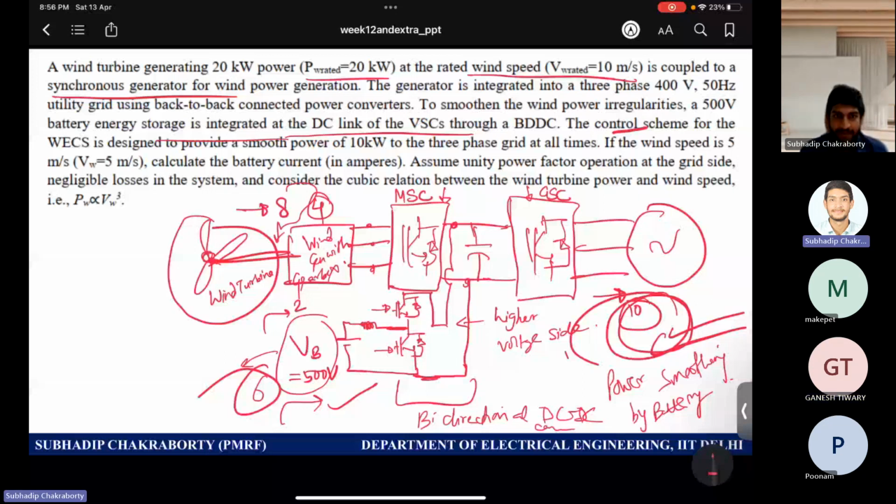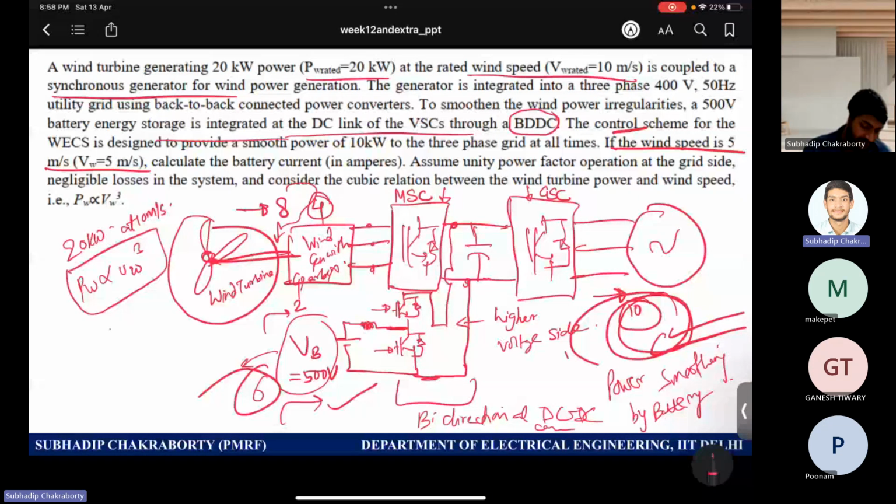So now what I'm telling, you know that the wind should have generated 20 kilowatts at 10 meters per second, but that wind speed is now 5 meters per second, and you know that your wind power is proportional to wind speed cube. So can you tell me that power of wind for 10 and power of wind for 5 is related as V10 cube by V5 cube, right?